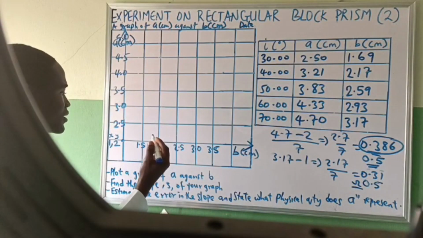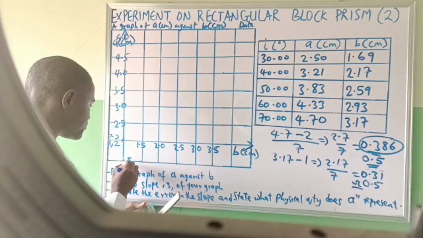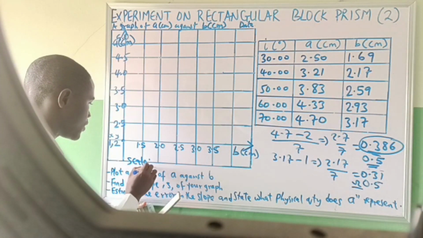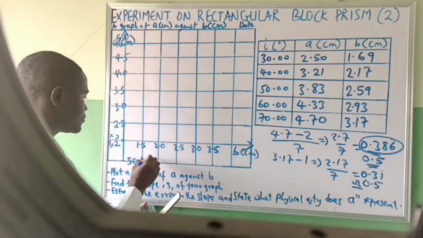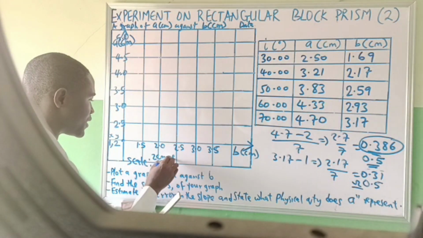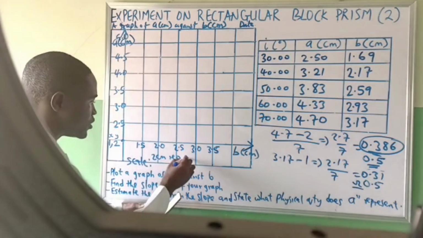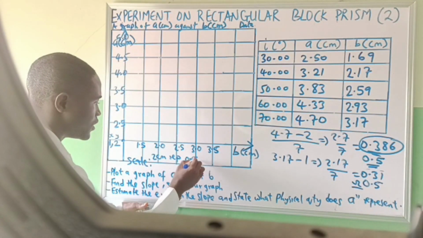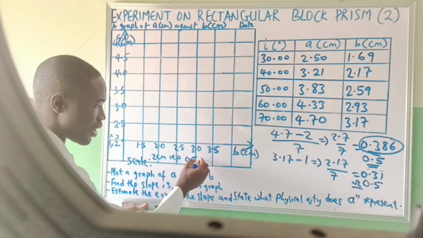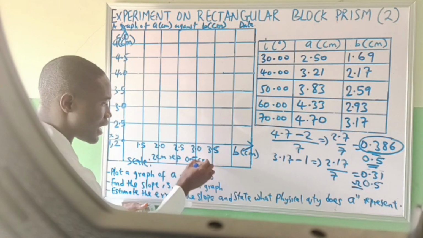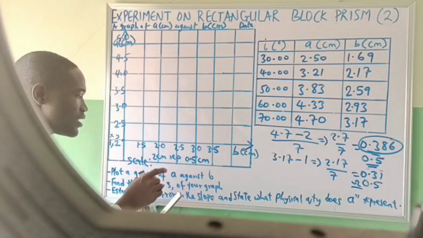You can now come and say, for my scale, 2 cm represent 0.5. Now I will not write unit. What I will write is centimeter, because unit of this is centimeter.